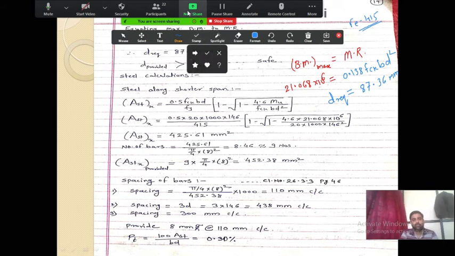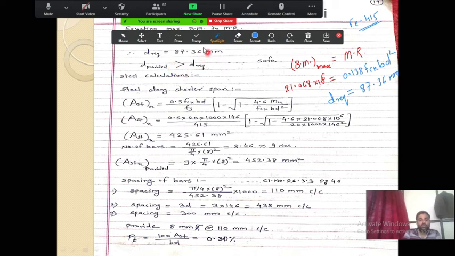The D required is 87.36 mm, which is calculated over here. So this depth is less than the provided. What have we provided? We have provided 146 in the x direction, 140, and in the y direction 137 or something.